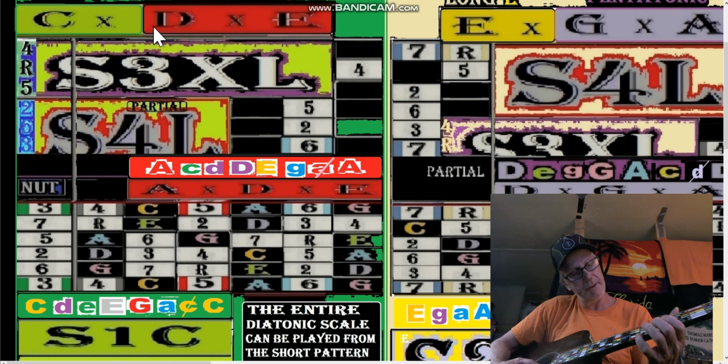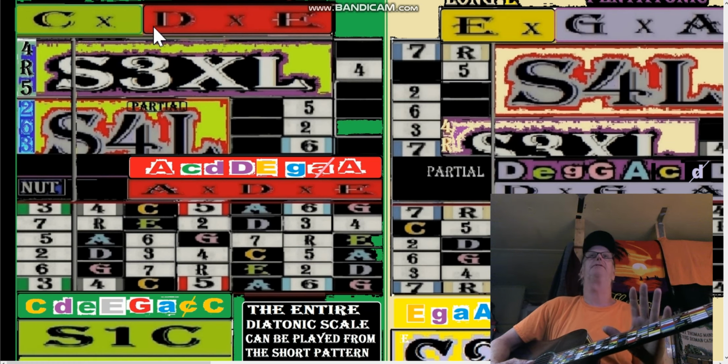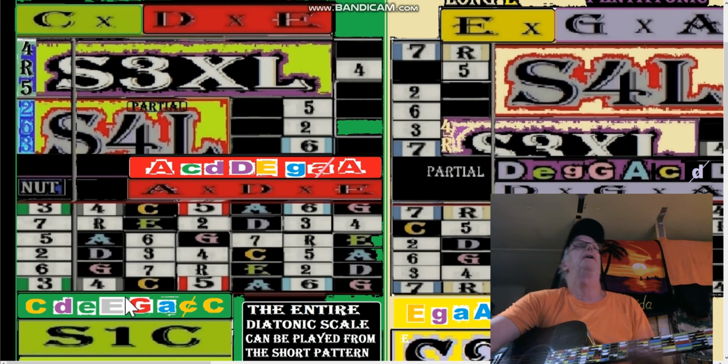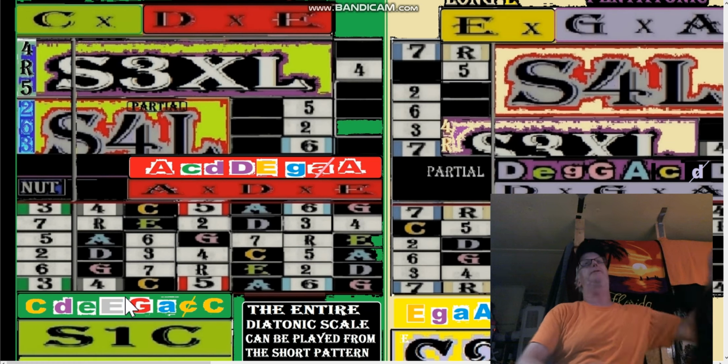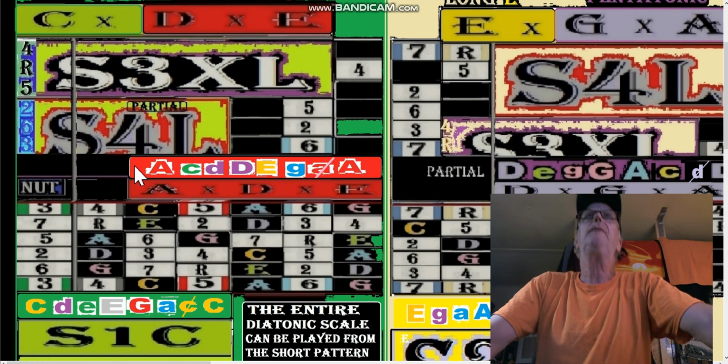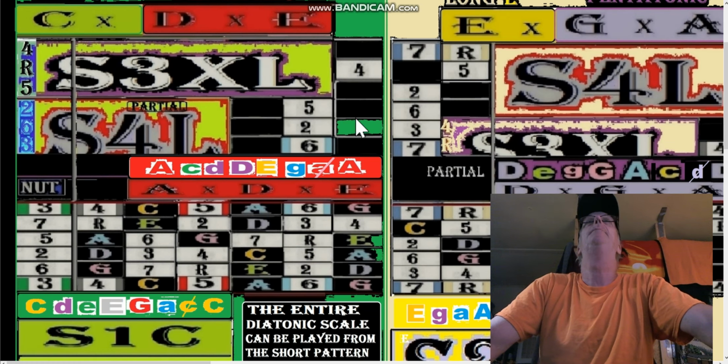Here's the real long one. The E sharing the 2 with the D pattern. And then, okay, so that's the string shaped ladder. That's what the 2 short patterns are. That's how long they are, how much of the fretboard that they take up.